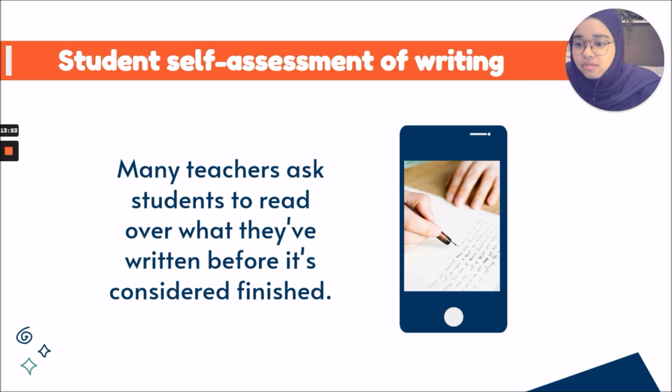So next we have student self-assessment of writing. So many teachers ask students to read over what they have written before it is considered finished. It is often helpful to provide students with a basic checklist to use as they review their work.